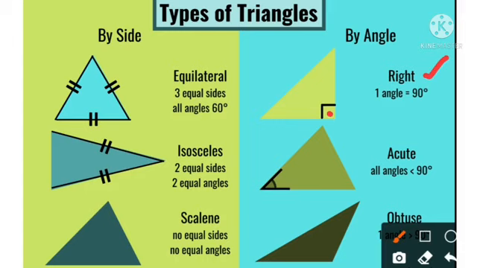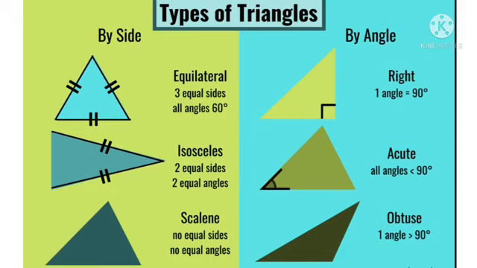Second, if all 3 angles are less than 90 degrees, then we call it an acute angle triangle. And lastly, if one angle out of the 3 is greater than 90 degrees, then we call it an obtuse angle triangle.